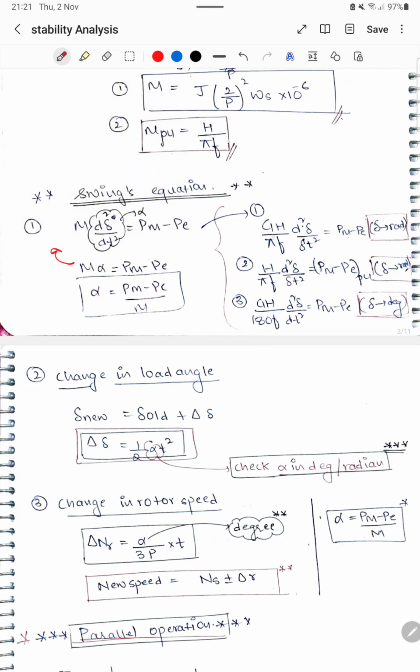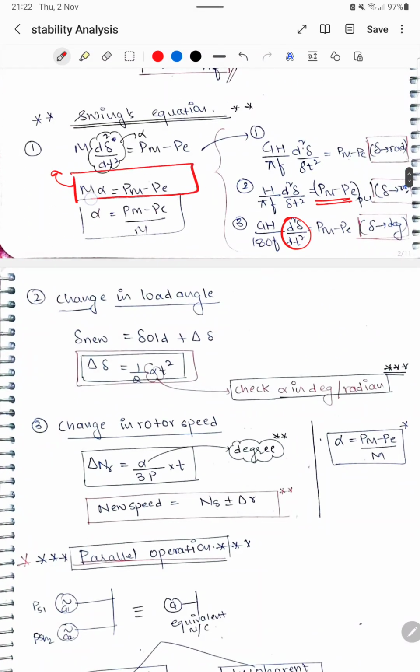We can write Gh upon pi f alpha equals Pm minus Pe. We can write Gh upon 180 f alpha, meaning d square delta upon dt square, equals Pm minus Pe. Or else if M is in per unit, Pm and Pe in per unit, then you can write H upon pi f alpha equals Pm minus Pe.